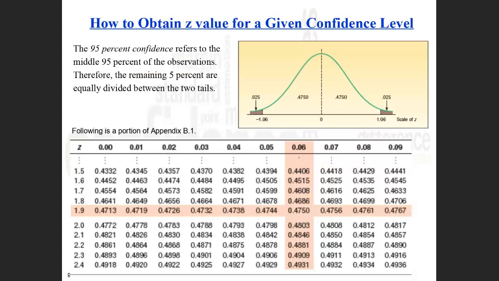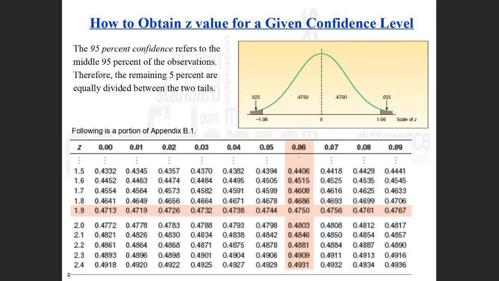All right. So I don't know whether people have been using it, but how to obtain a Z value for a given confidence interval. So the 95% confidence refers to the middle 95% of the observations. Middle, the part that's not grayed, okay? And remember, this is symmetrical.